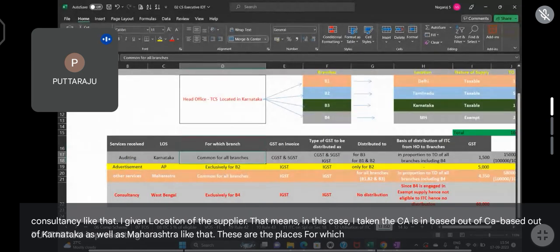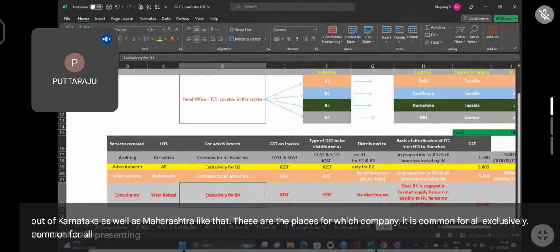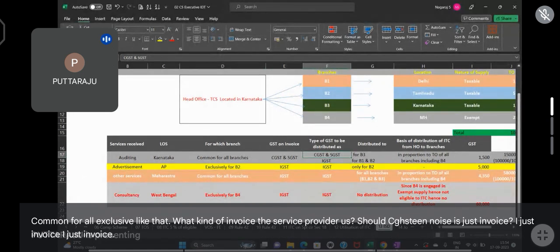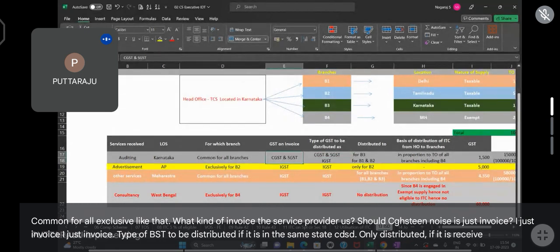For which company it is common for all, or exclusive, like that. What kind of invoice the service provider has: CGST, SGST invoice, or IGST invoice. The type of GST to be distributed: if the branch is in the same state, CGST, SGST is distributed if CGST, SGST is received.